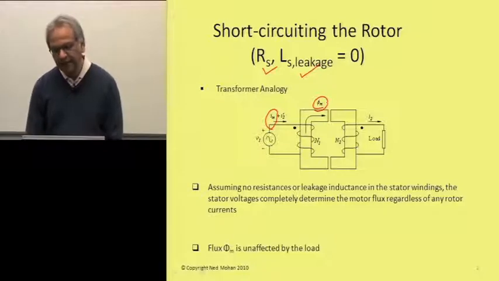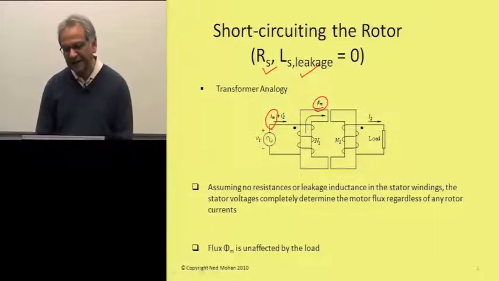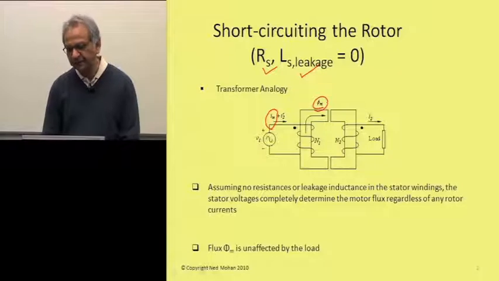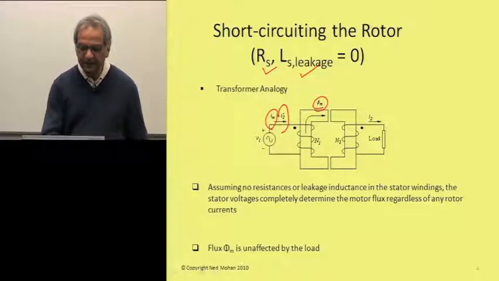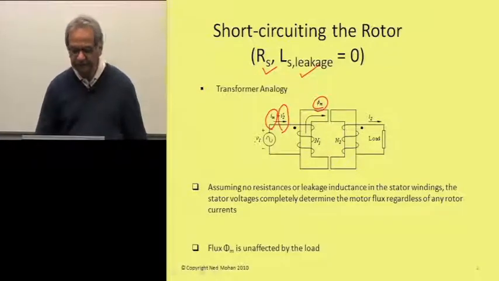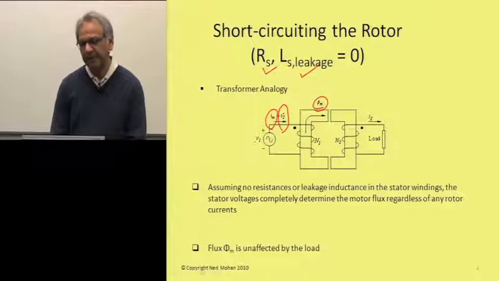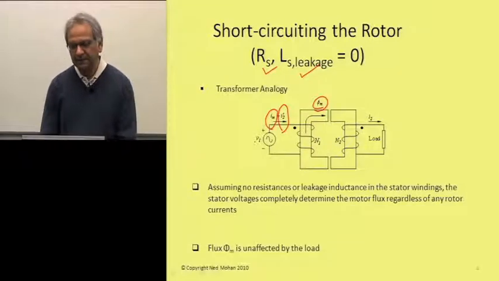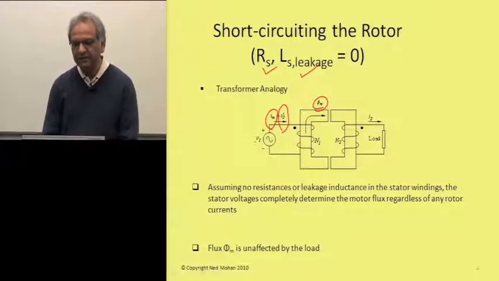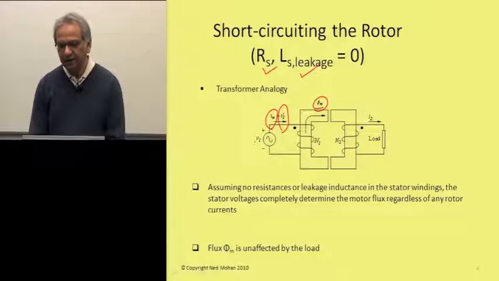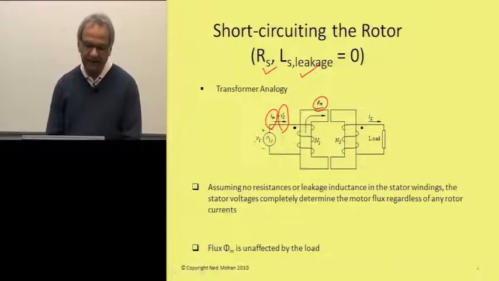So this MMF that is produced by the secondary winding has to be canceled by additional current drawn by the primary from the input voltage here, I2 prime, such that flowing of I2 prime into the primary winding produces an MMF which completely nullifies the MMF produced by I2 flowing through the secondary winding here.